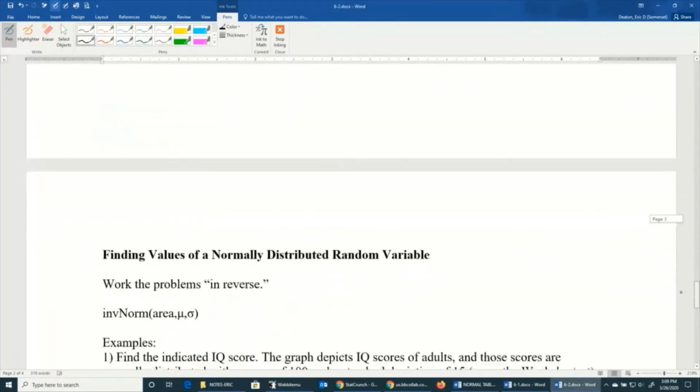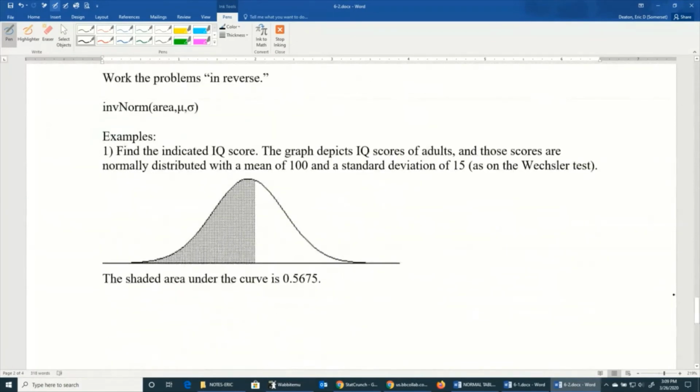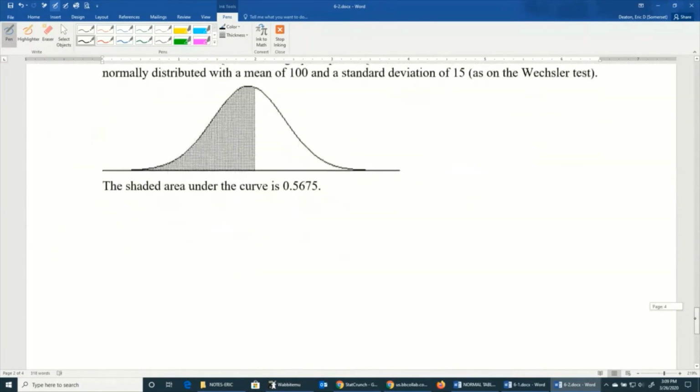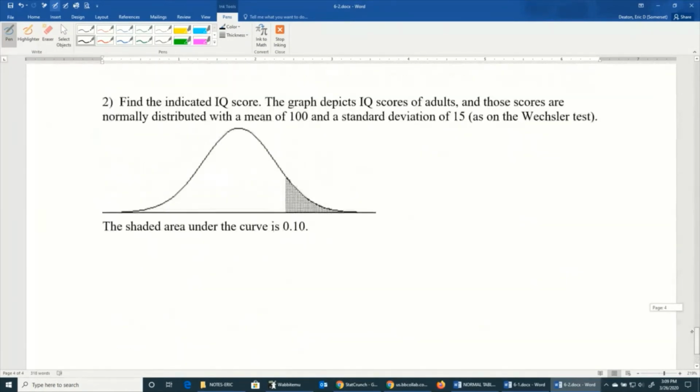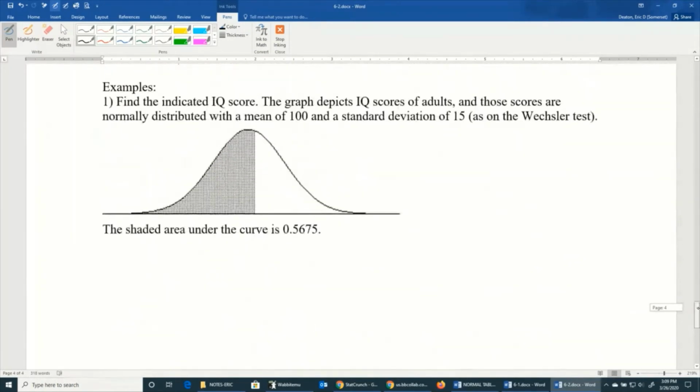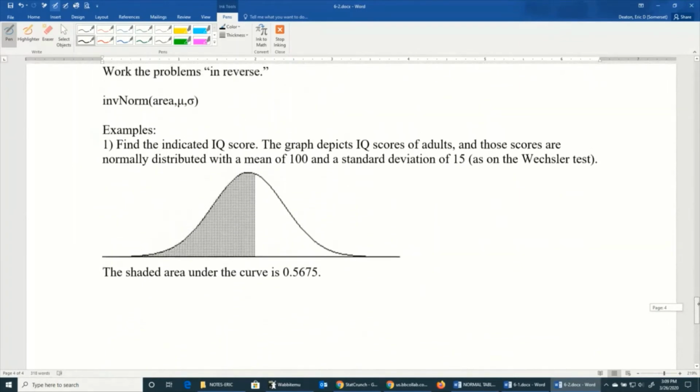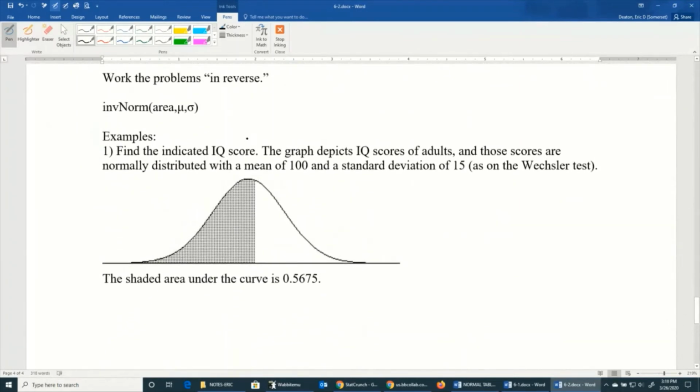And then my last example, backwards. I'm going to do one by hand. This time we want to find the IQ score, which means we want to find the data value, the X. These are not much fun by hand, they require some work.